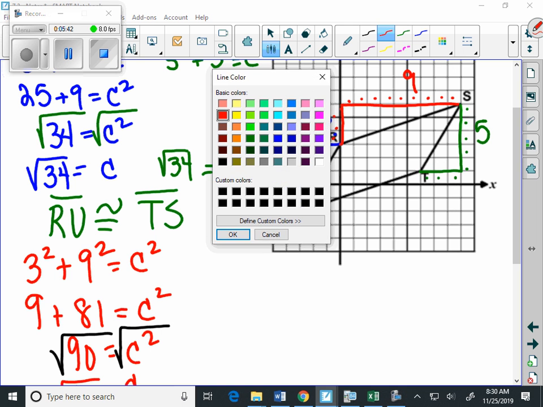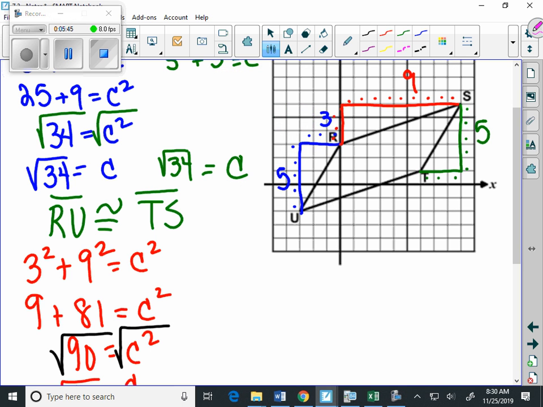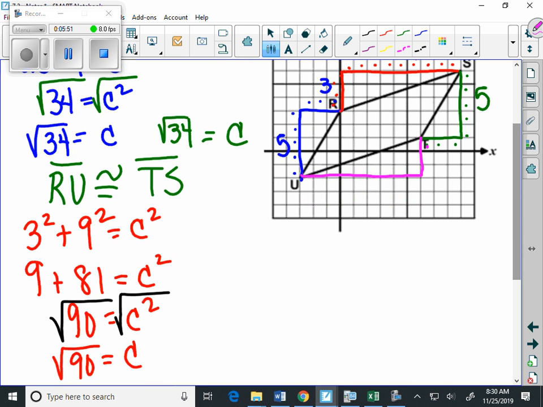Let's figure out what the length of UT is by drawing our triangle here. And what we have is 1, 2, 3. Then we have 1, 2, 3, 4, 5, 6, 7, 8, 9. So once again, we've got 9 squared plus 3 squared equals c squared.